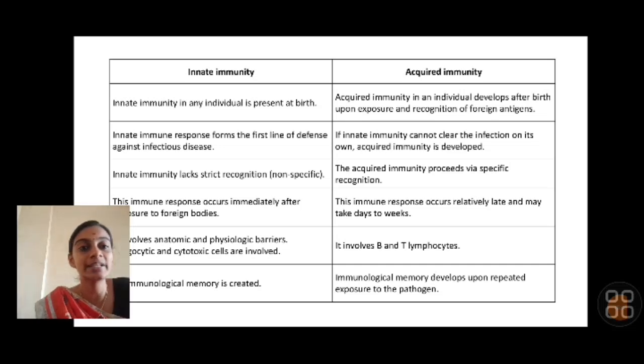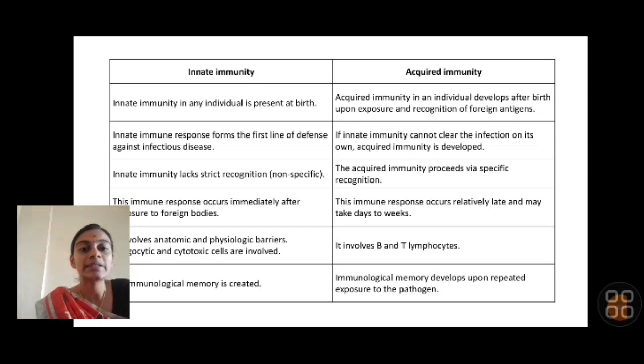Innate immunity lacks strict recognition, that is, it is non-specific, whereas acquired immunity is more specific and specific recognition occurs. The innate immune response occurs immediately after exposure to foreign bodies, whereas acquired immunity is relatively late and may take days to weeks.